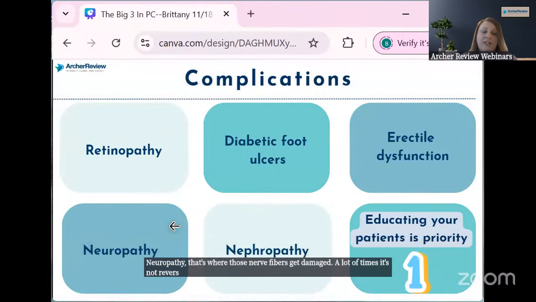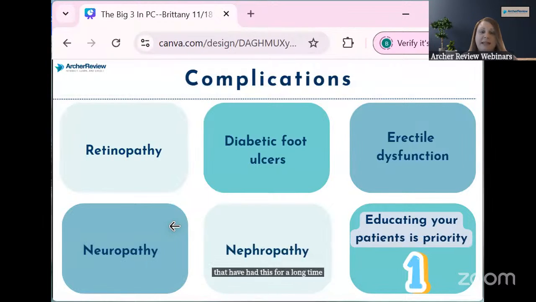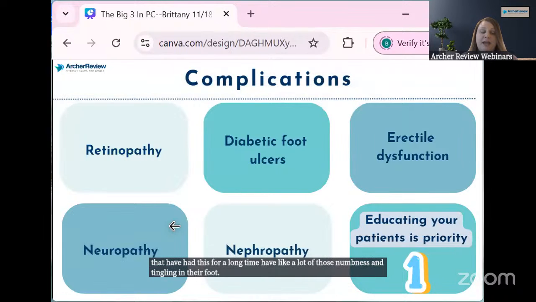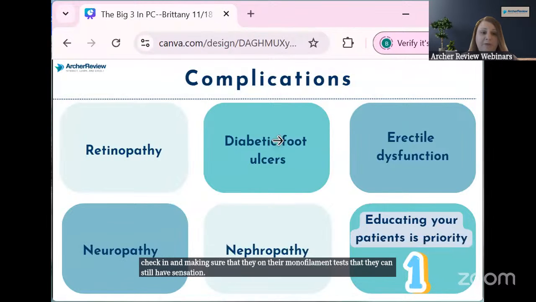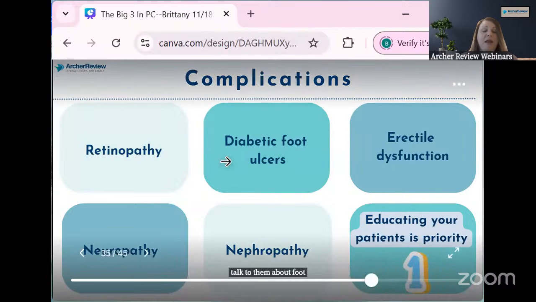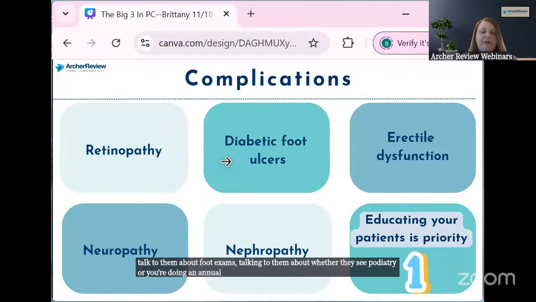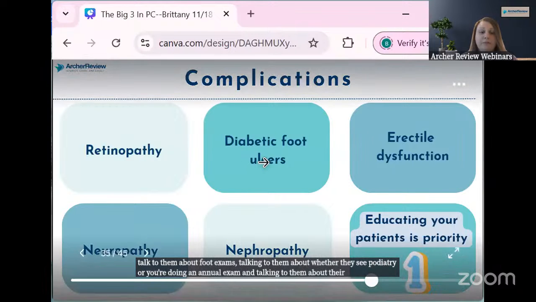You'll see some of your patients that have had this for a long time have numbness and tingling in their foot. Check on their monofilament tests that they still have sensation. Talk to them about foot exams, about whether they see podiatry or you're doing an annual exam, and talk to them about their feet. Very important. Of course, ED.